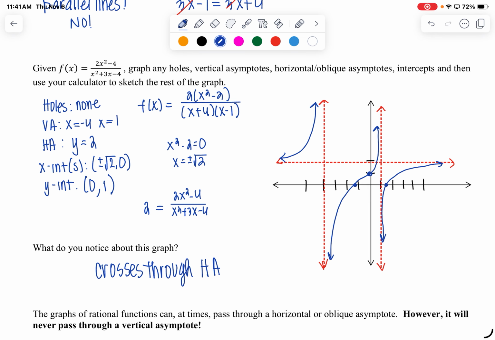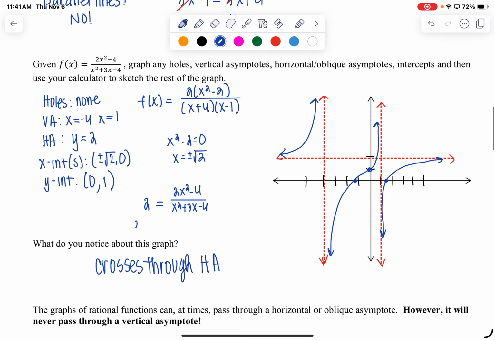Okay? All right, so in order to solve that, I'm going to multiply both sides by x squared plus 3x minus 4, and I get 2x squared plus 6x minus 8 is equal to 2x squared minus 4. And then I'm going to solve this equation.